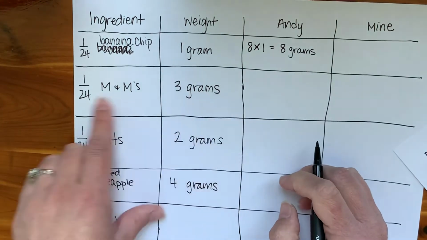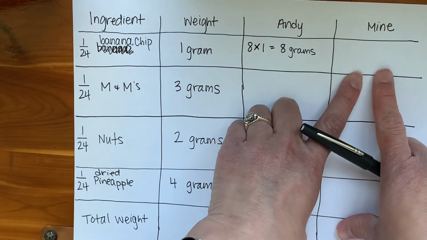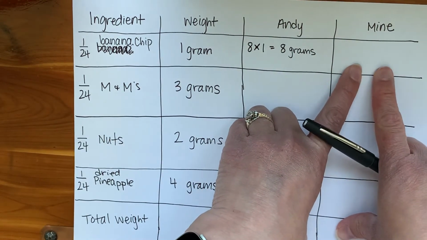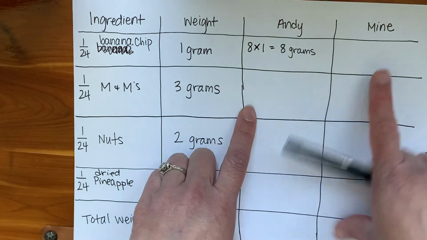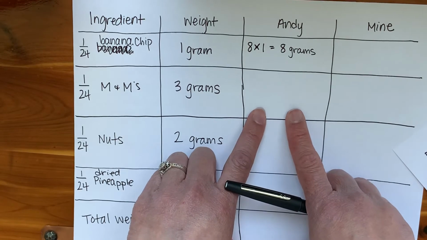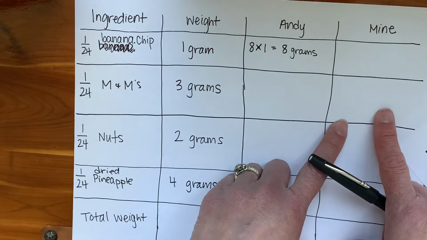Now you're going to have to do the same with yours. How many 24ths of banana chips did you have in your trail mix? You're going to do the multiplication for yours. Then you're going to go down here and find out how many grams of M&Ms Andy had, and then how many grams of M&Ms you have.